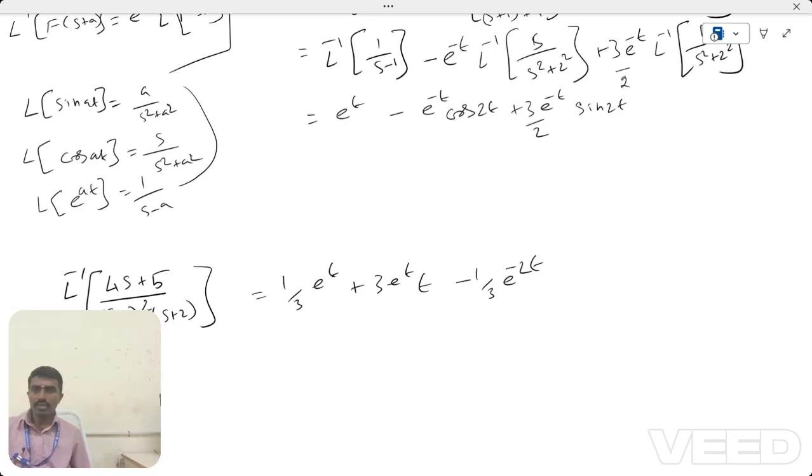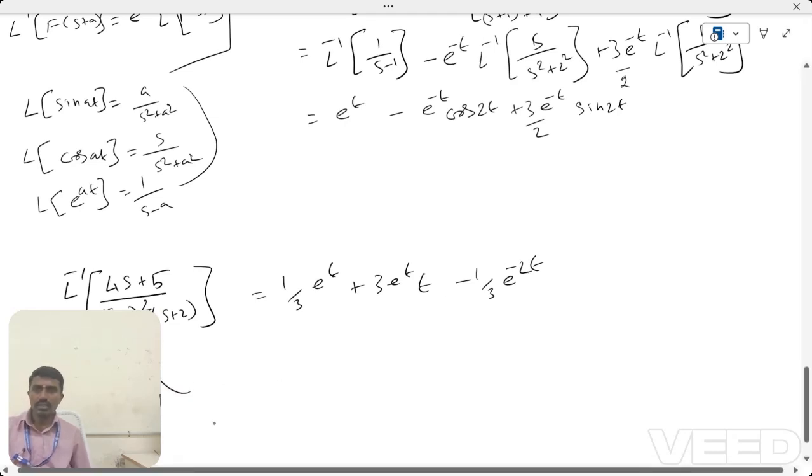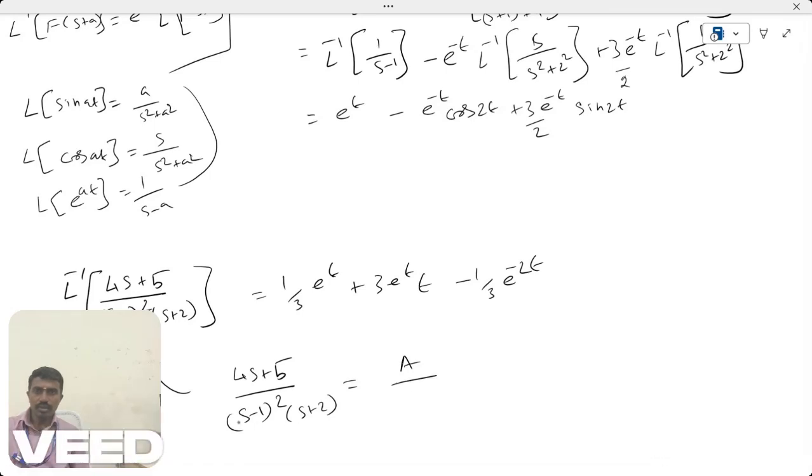As we discussed earlier, 4s plus 5 by (s minus 1) the whole square into (s plus 2) can be split like A by s minus 1, for s minus 1 without any power, plus B by (s minus 1) the whole square, and plus C by s plus 2, for the linear factor.